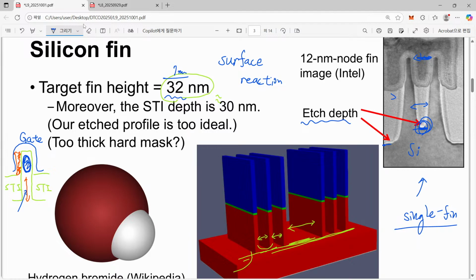If I am allowed to do whatever I can, I would like an extremely thin and extremely tall fin. Since the fin height is very high, I can collect a lot of charge in it, and my current will also be quite high. Very good.